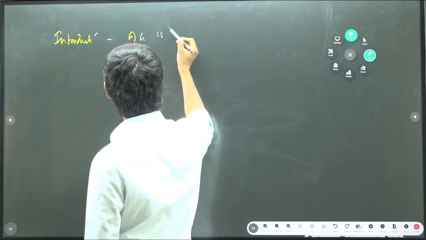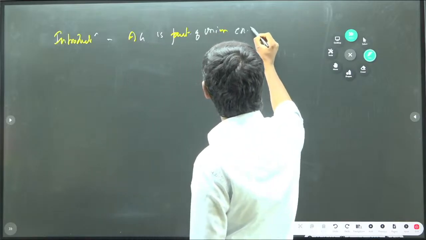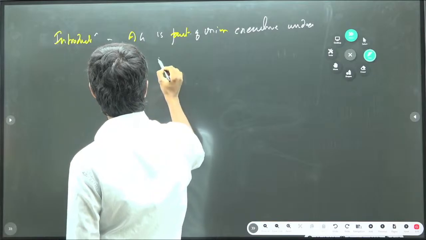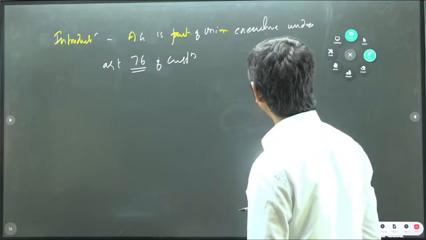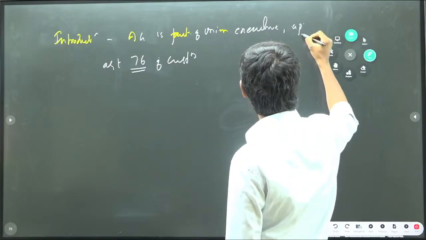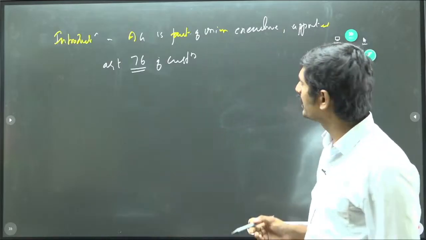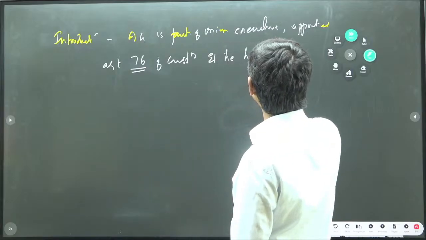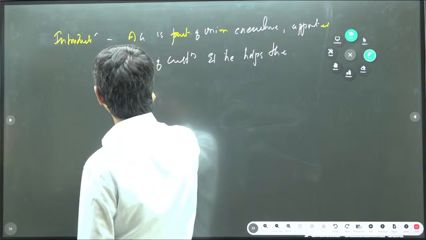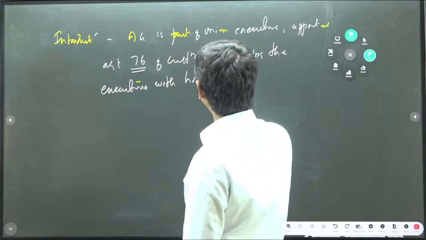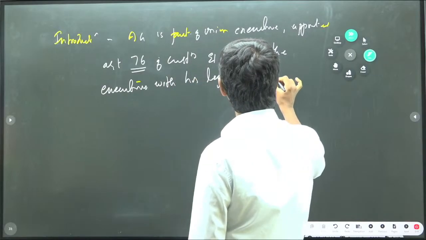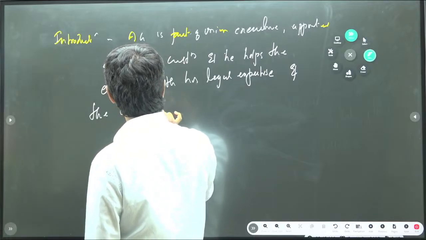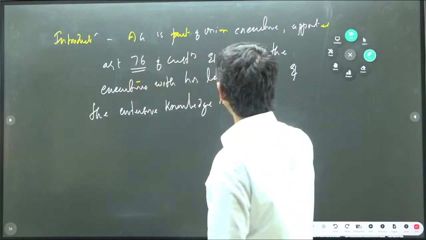So the Attorney General is part of the Union executive under Article 76 of the Constitution. He is part of the executive and appointed under Article 76 of the Constitution, and he helps the executive with his legal expertise and extensive knowledge in the field of law.